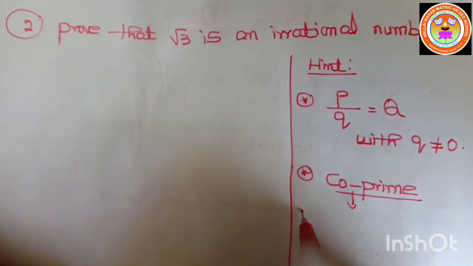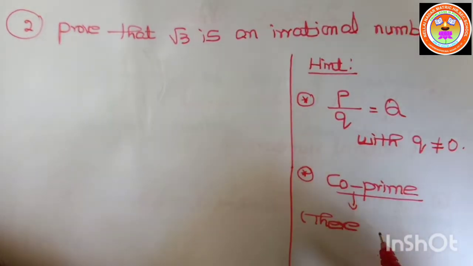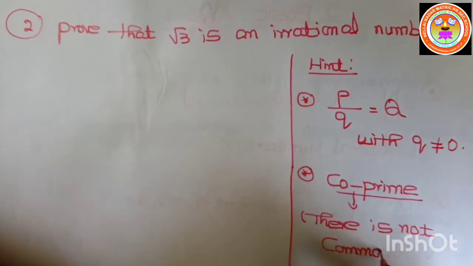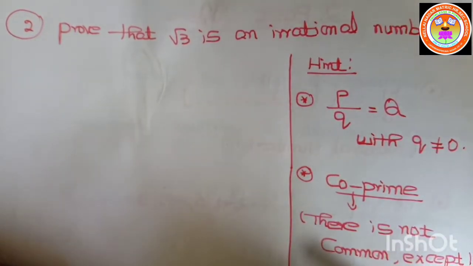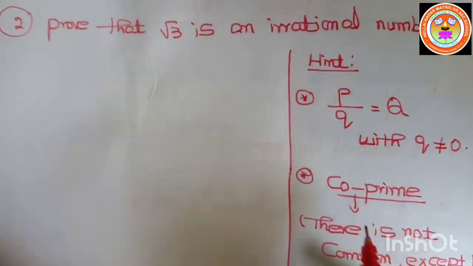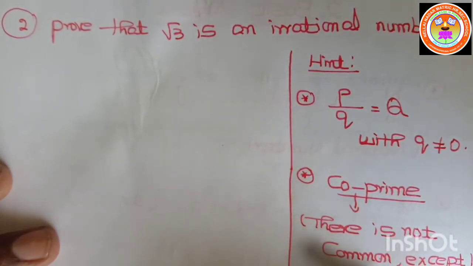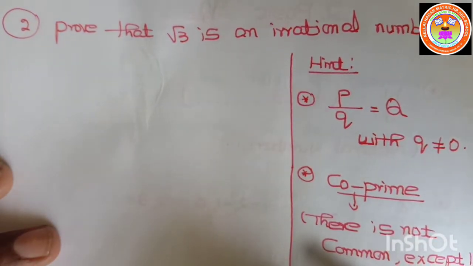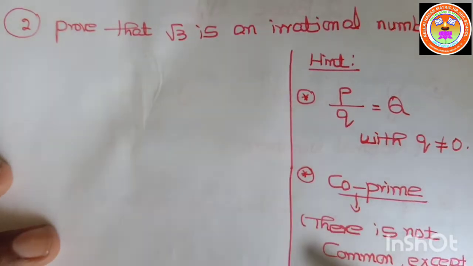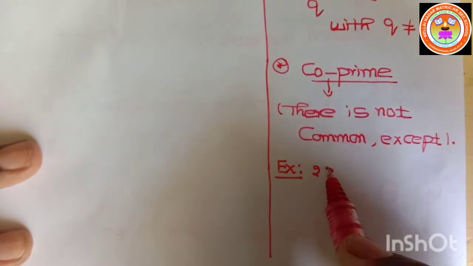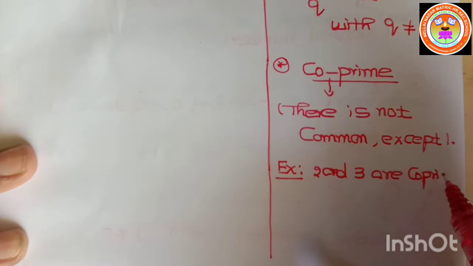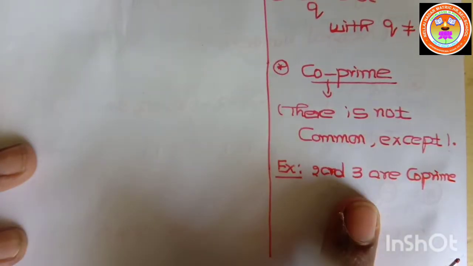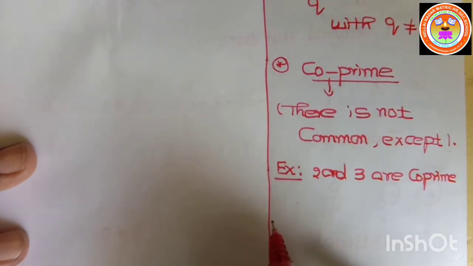There is no common factor except 1. So co-prime means there is no common factor except 1. Example, 2 and 3 are co-prime because 2 and 3 have no common factor except 1.